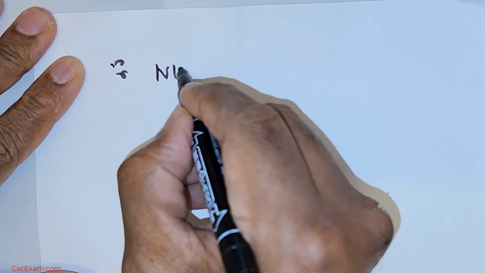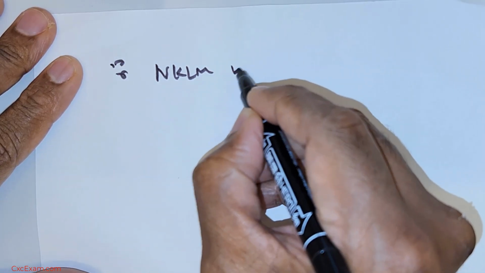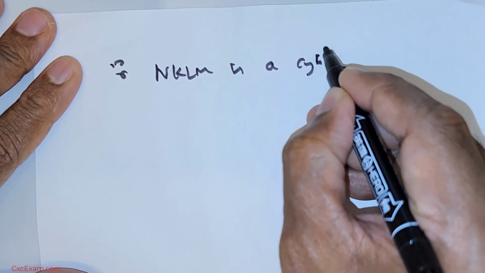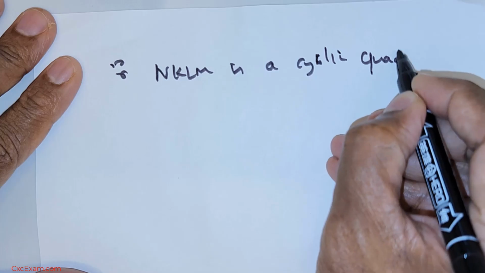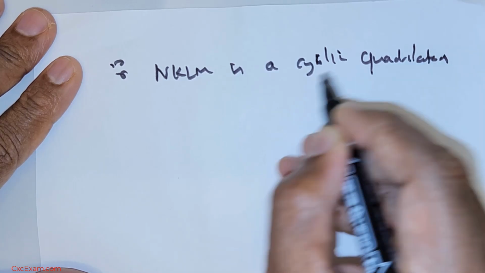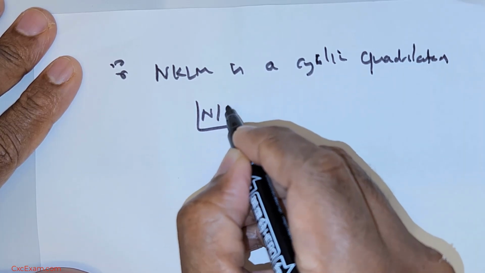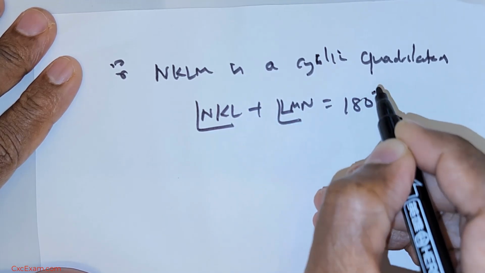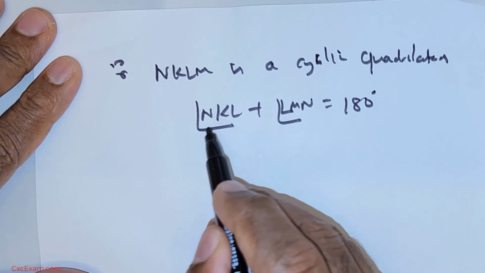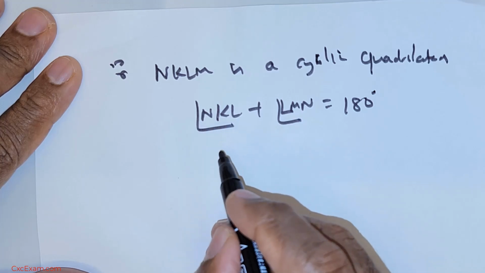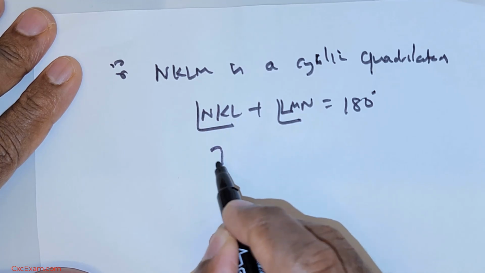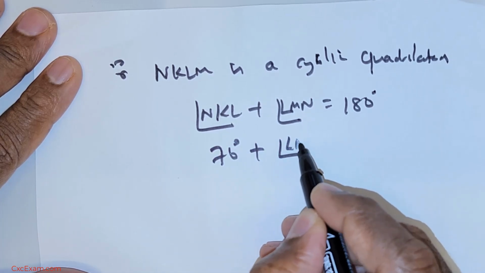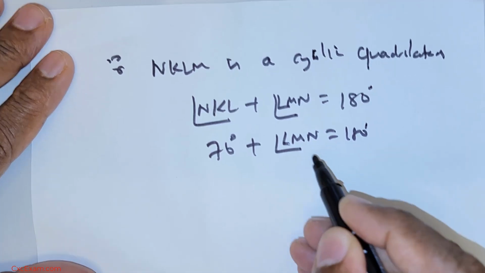Since NKLM is a cyclic quadrilateral, it means angle NKL plus angle LMN is 180 degrees. But this NKL is 76 degrees. 76 degrees plus LMN is equal to 180 degrees.